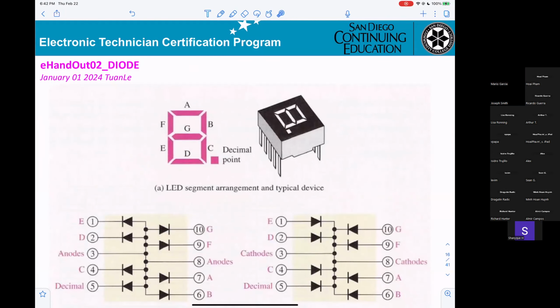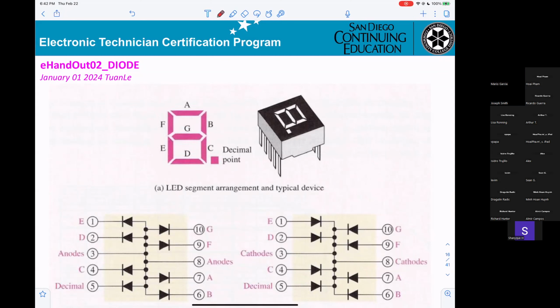That's a 7 segment. They get 1, 2, 3, 4, 5, 6, 7. 7 segment, 8 segment, they get diodes. You can see it on your watch.